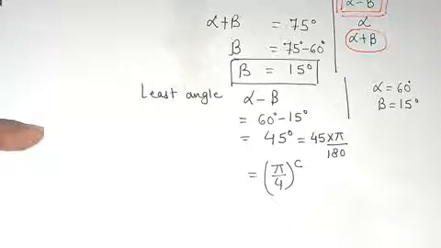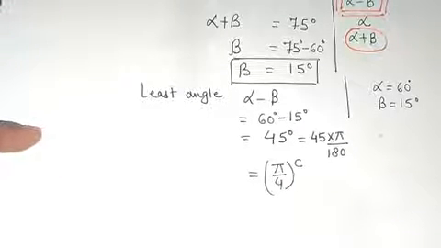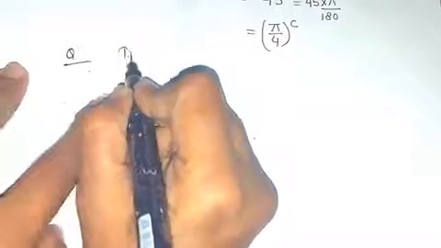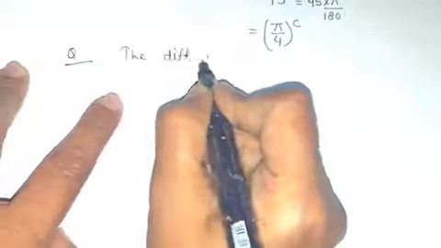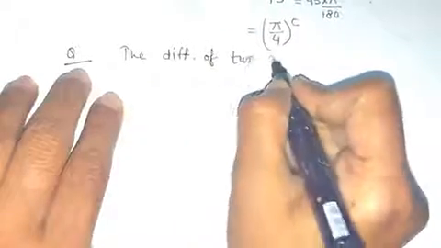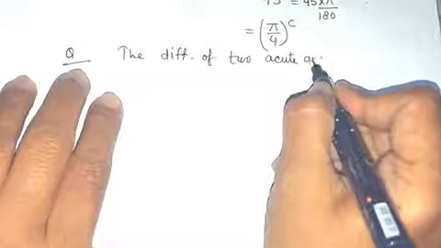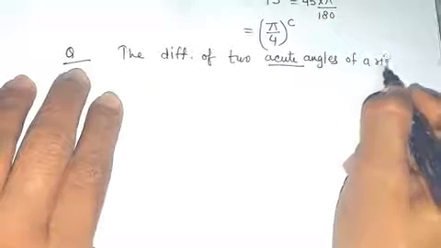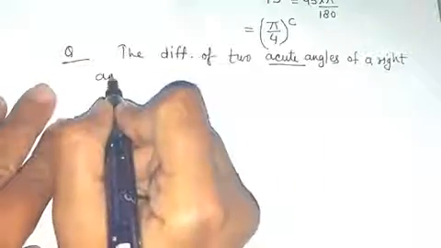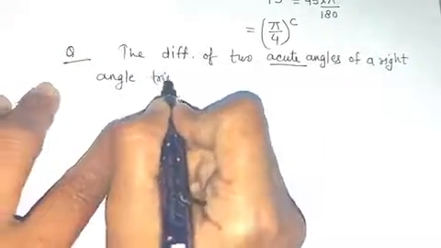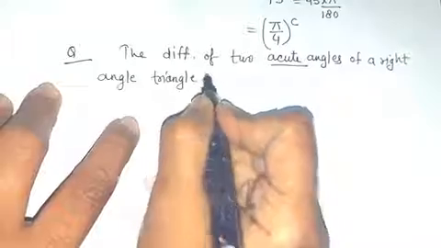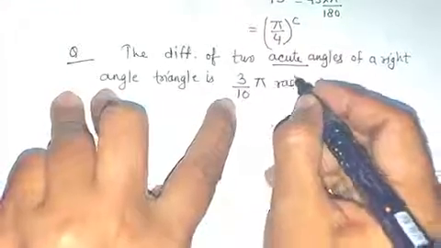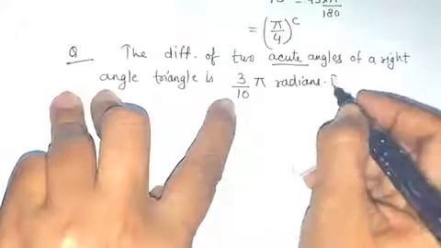So let's do more and more questions for yourself. So you may note down a question: the difference of two acute angles of a right angled triangle is 3 by 10 pi radians.